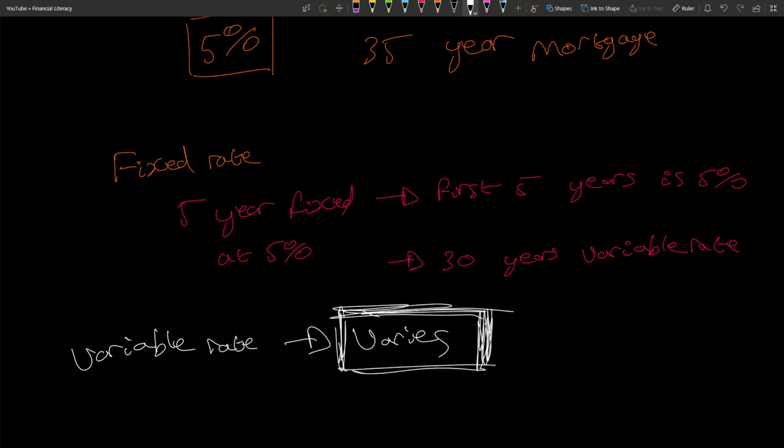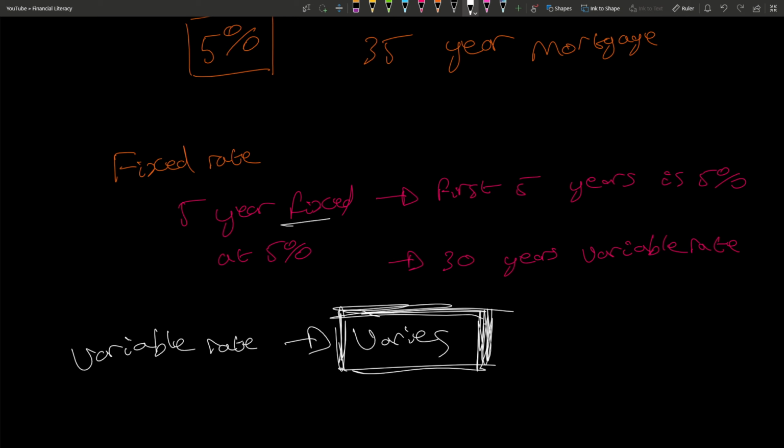The bank doesn't just sit there and think, I think this guy can pay a higher percentage than the guy previously, so I'm going to charge him 20%. It's not like that. It might feel like that sometimes, but it isn't. I'll cover in a separate video how the variable rate is calculated and figured out by the banks. So just take it at face value for now that the variable rate interest varies per year. It can go up, it can go down.